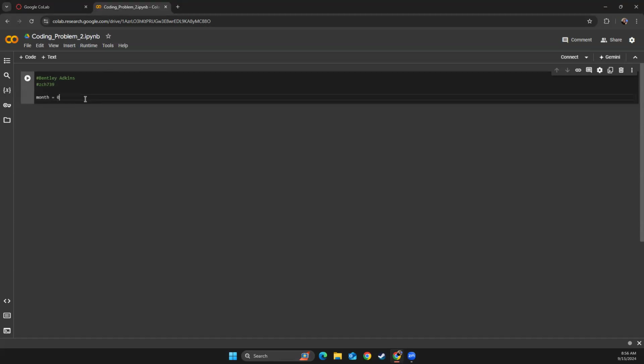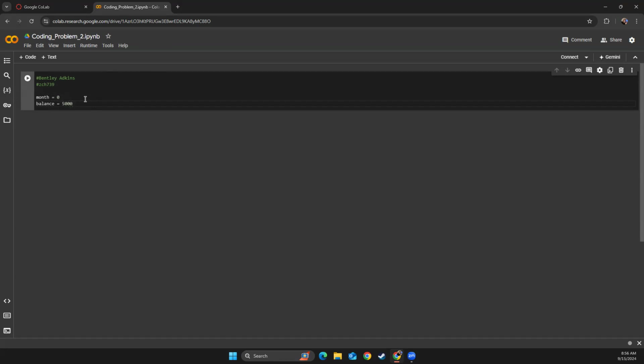When we create that while loop, we'll put a counter on it which will add 1 until it reaches 12, and that will give us our months.